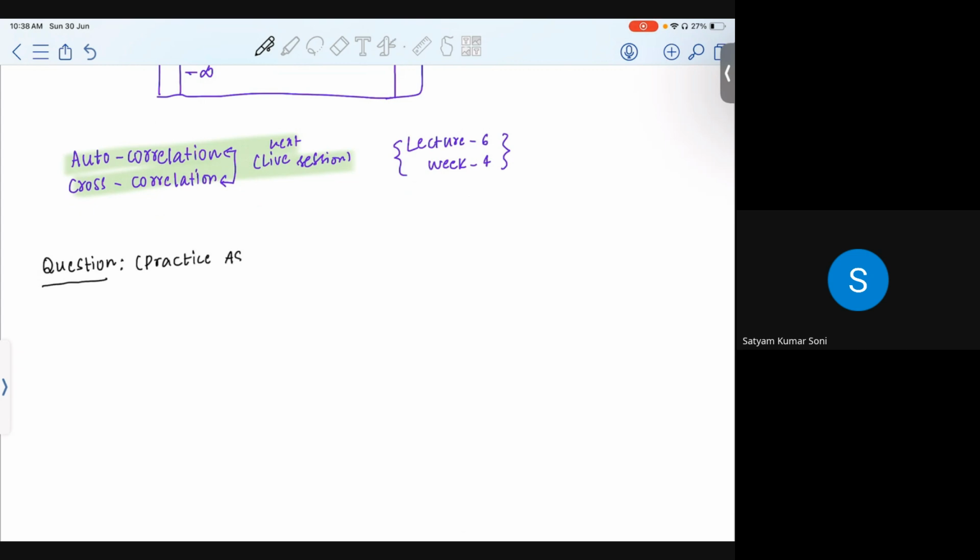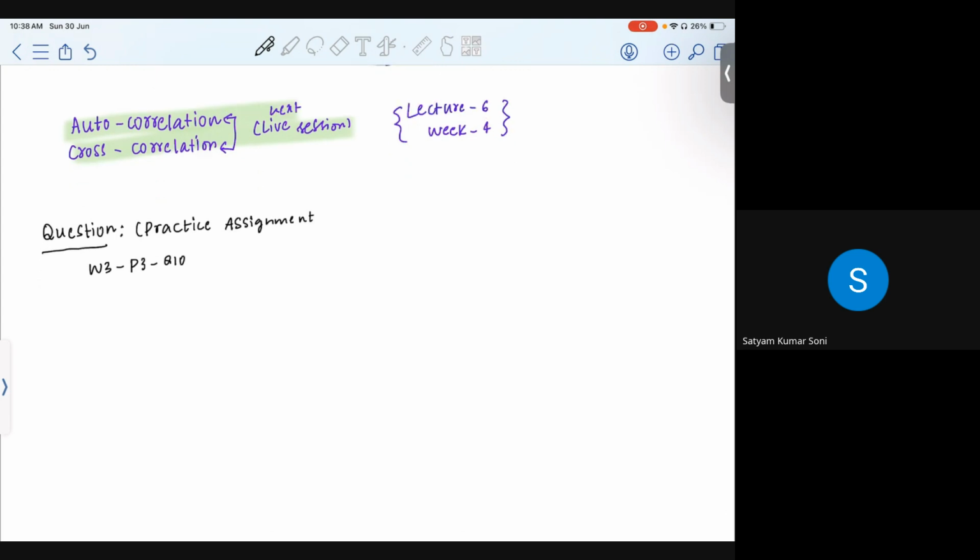There was one specific thing that I think Satyam pointed out in the last live session. Week 3 practice assignment question 10, I guess. The answer there is wrong. The signal should be conjugate symmetric, but the answer says it is conjugate asymmetric.